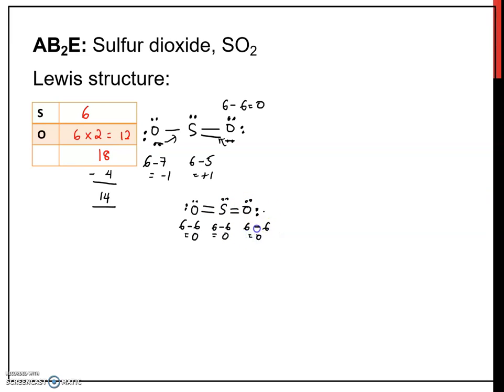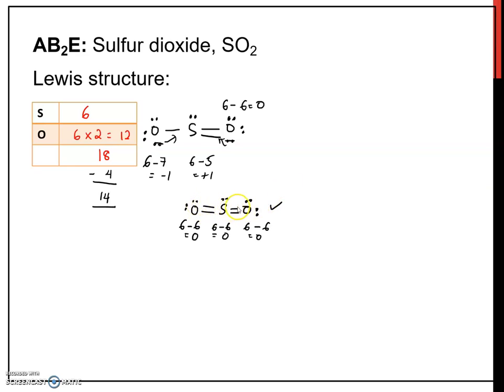So this is the best possible structure. And then identify the bonding pairs around the central atom and how many lone pairs on the central atom. So for bonding pairs, or how many atoms are bonded to the central atom, there are 2 bonding pairs. A double bond, although it is a double bond, we count it as one bonding pair.